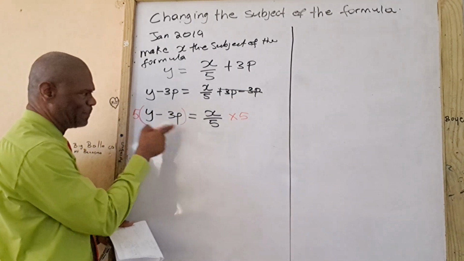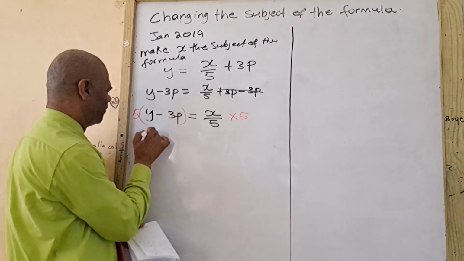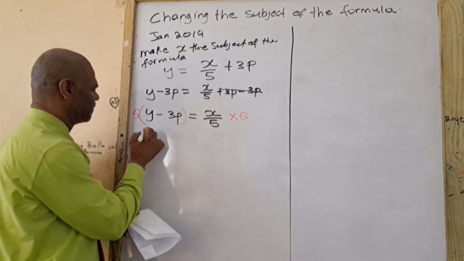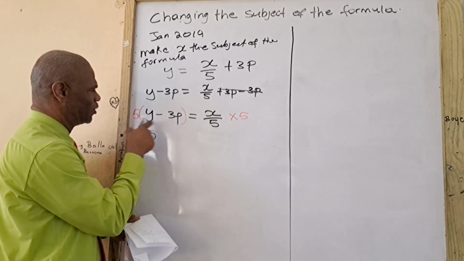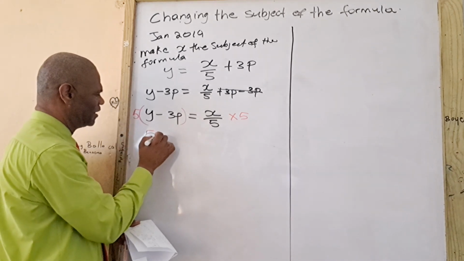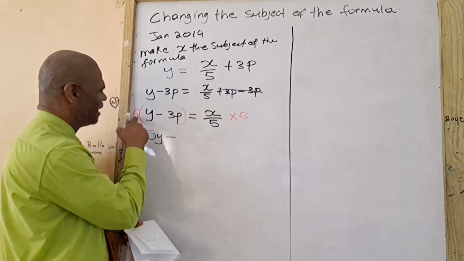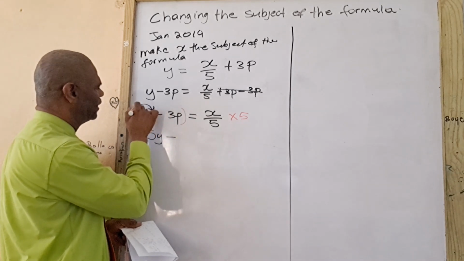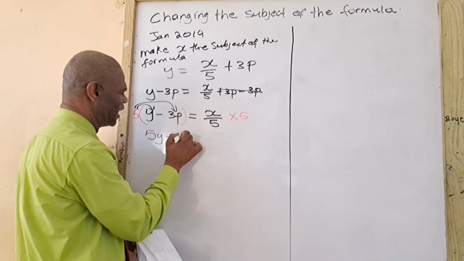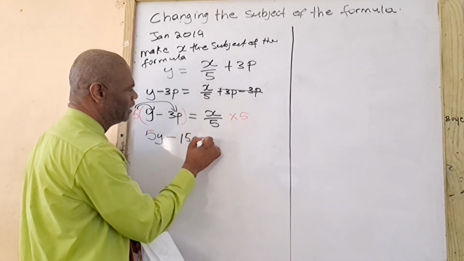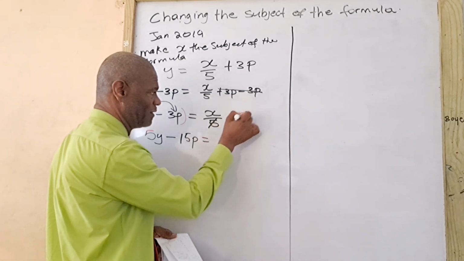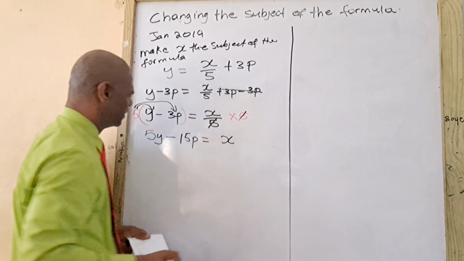So we will now end up with, we can expand this. 5 times y, so we're using the distributive law. So 5 times y is 5y minus 5 times 3p, that gives us 15p equals, so these cancel, 5 into 5 is 1, equals x.